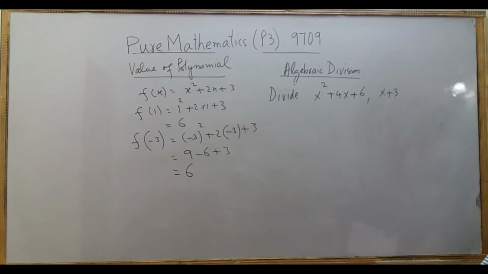As in numbers, you know, for example, if I ask you divide 22 by 5, what you do? You divide like this, 5 4s are 20, here you subtract 20 from 22, you get 2. So now this is called remainder and this is called quotient.